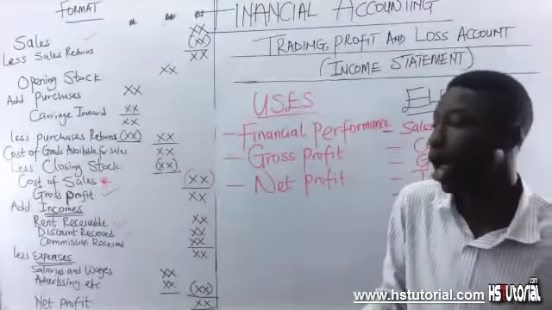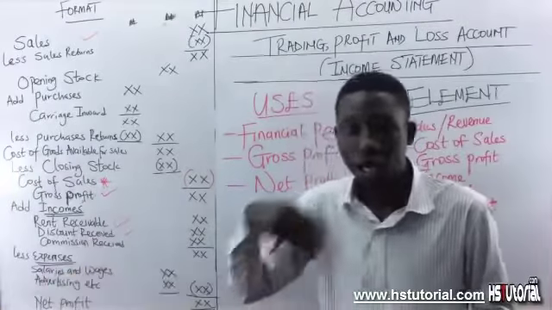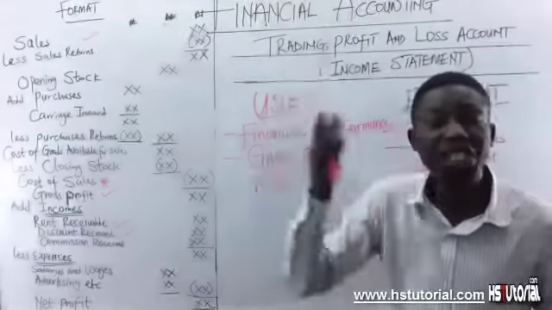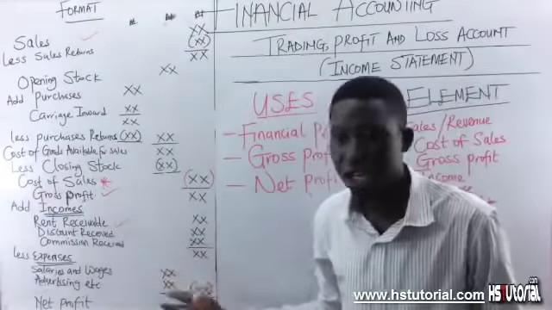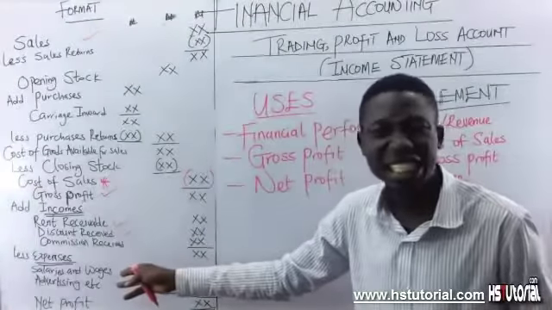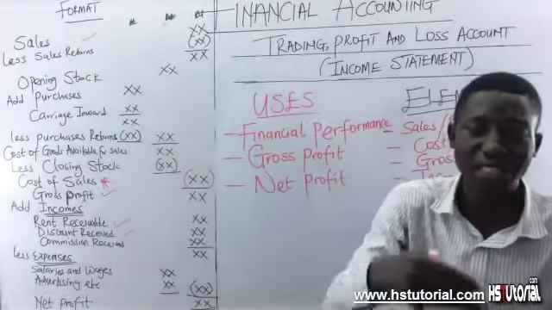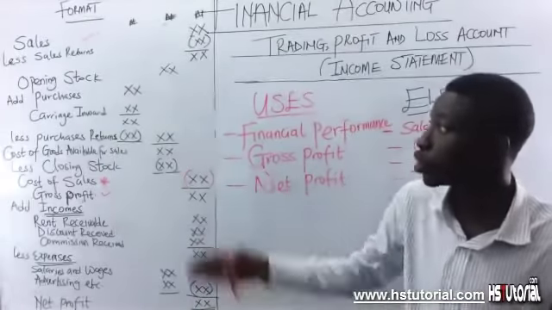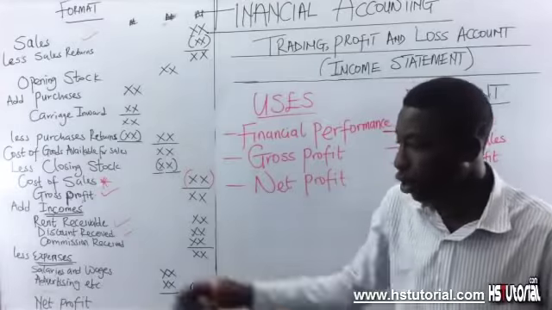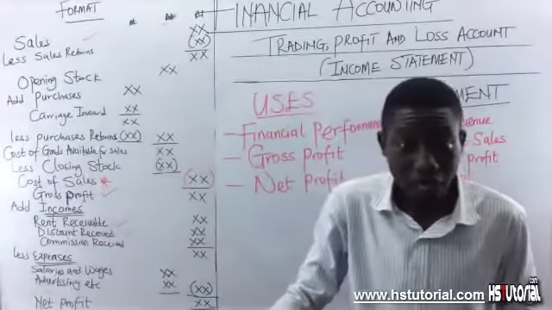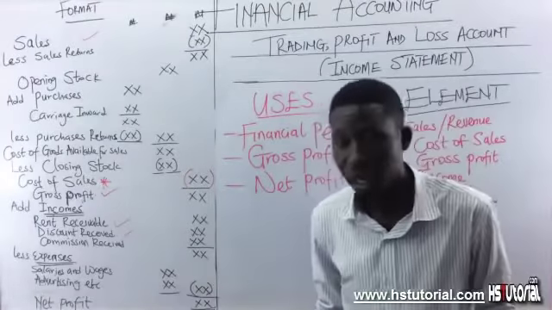That 60 naira will have to form part of that previous 500 naira, which is in your trial balance. So you will say 500 naira plus 60 will give you 560 naira if you are preparing your income statement. It applies to the rest of the expenses as well.